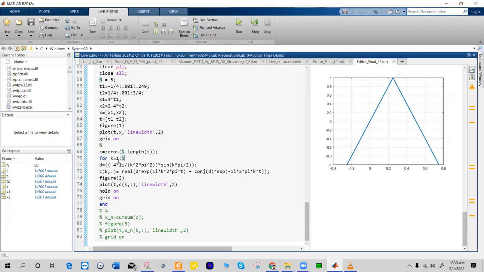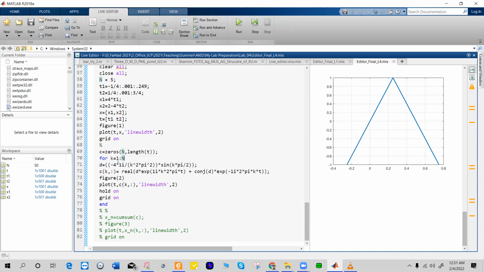So for k is equal to 1, first the summation, real part of this, and then conjugate into this. I'm sorry, so real part of this function. Fine. So for k is equal to 1, we will check it and we will plot it, and then again it will move to the loop.